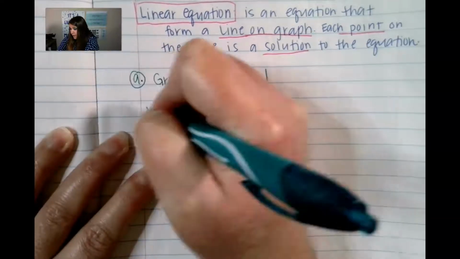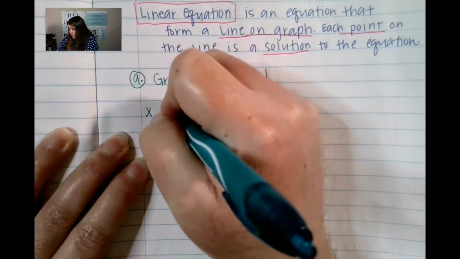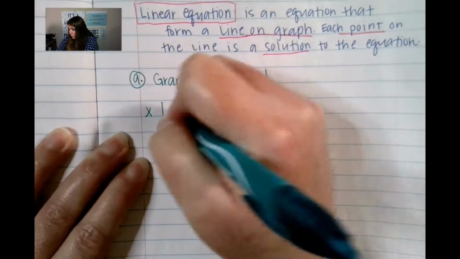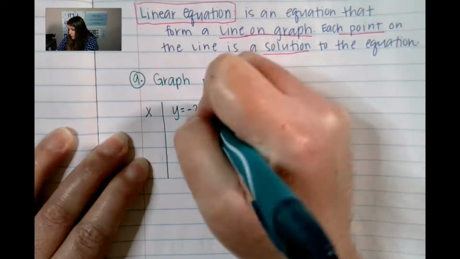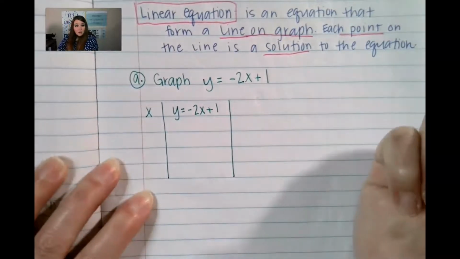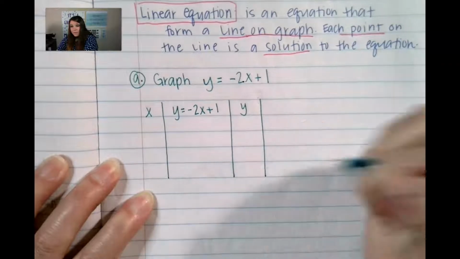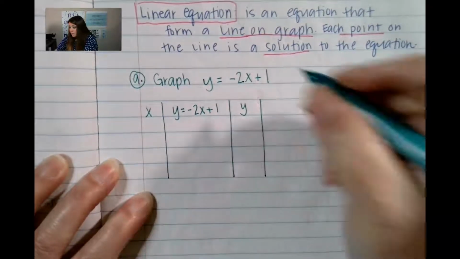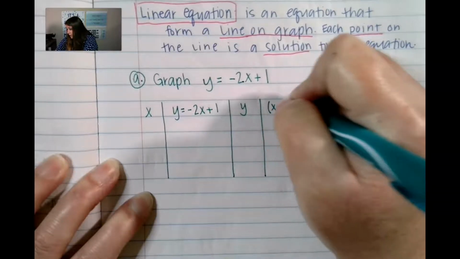You will have x. You will have your equation, which is y equals negative 2x plus 1. On your table, you will also have the y value. And then the last column is going to be your ordered pair, or your x comma y.